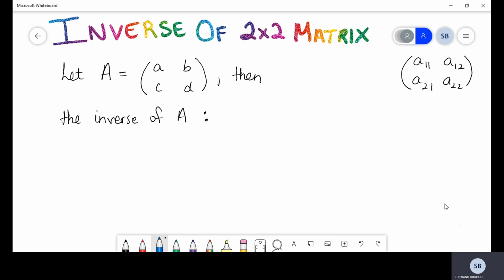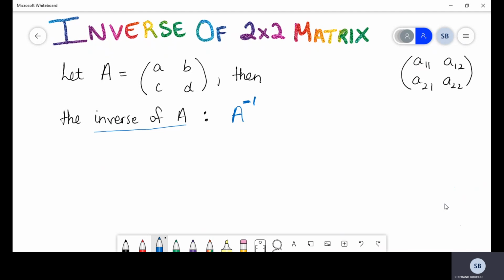Now, before we go forward, the inverse of a matrix has a particular notation, and it looks like an exponential power of -1. Essentially, that is what it looks like, but it's not. It's denoted by the words inverse of A, or A inverse, right?